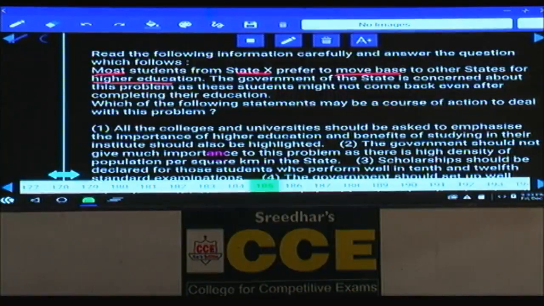The government of the state is concerned about this problem, as these students might not come back even after completing their education. Then which of the following is a course of action?